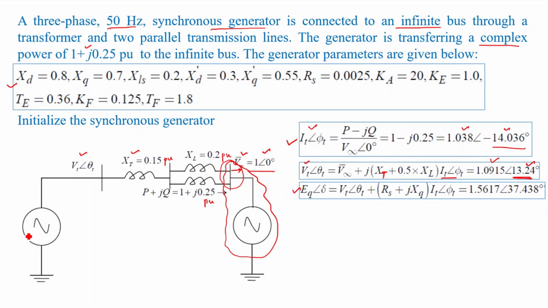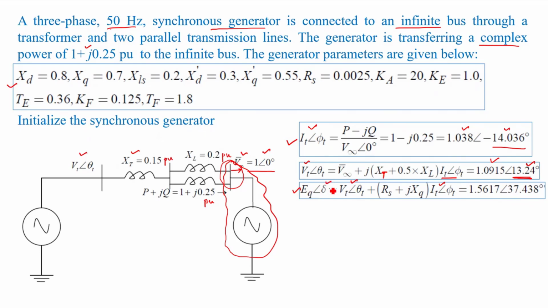Then similarly, we can find Eq angle delta, which is your internal voltage. Just by adding the terminal voltage and the generator impedance, that is Rs plus jXq, multiplied by the terminal current, It angle phi t, we found the internal voltage of the generator, which comes to around 1.5617, and the angle is 37.438 degree.